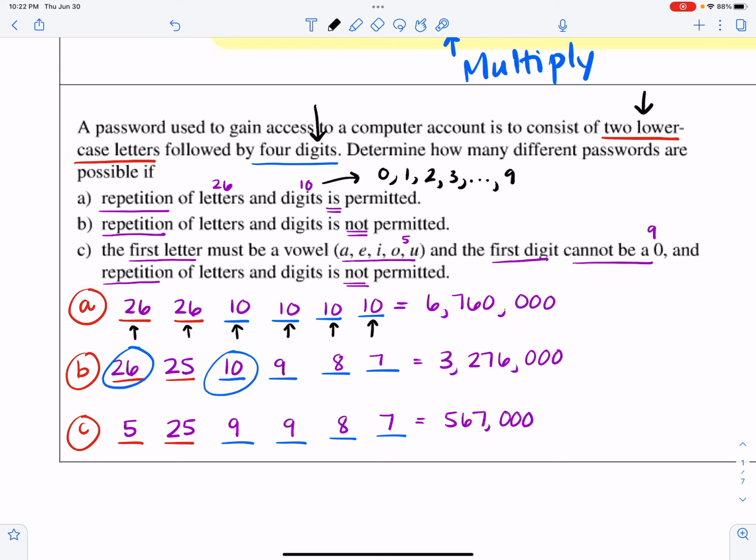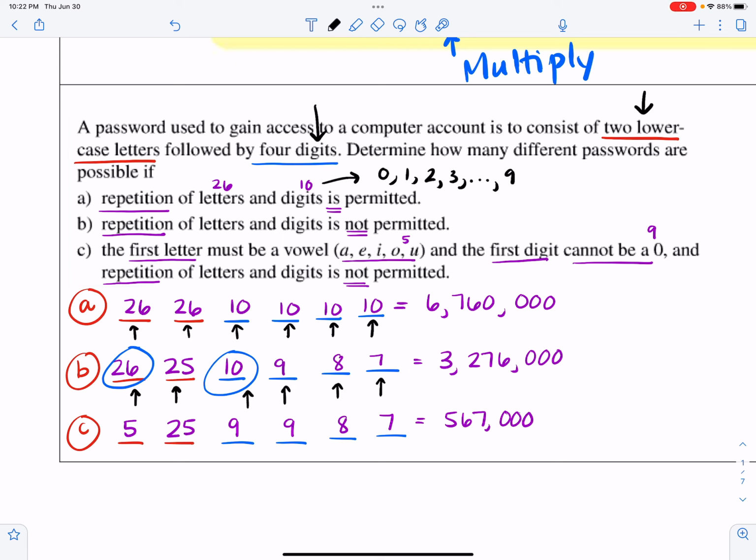This also makes it easier if I have to account for things like I can't repeat. In that case, I just say 26 for the first letter, but it has to decrease by 1 for the second. 10 for the first number, and then decreasing by 1 all the way through. It also makes it easy if specific numbers have restrictions.